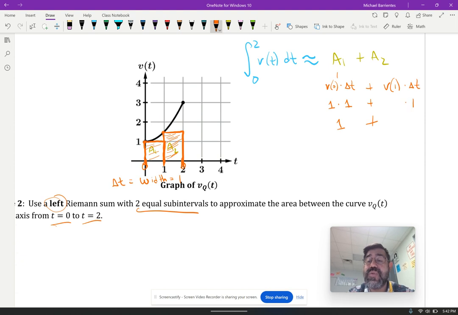Delta t we know is 1. V of 1 we don't know, and I don't want to estimate it. I want to use the formula that they gave me. So I'm going to say 0.5 times 1 squared plus 1. That is our formula that's going to determine the height. The height is 1.5, so 1.5 times 1 is 1.5. And so therefore, this equals 2.5. So this area is a little bit more than the previous one, and therefore it's a better approximation.